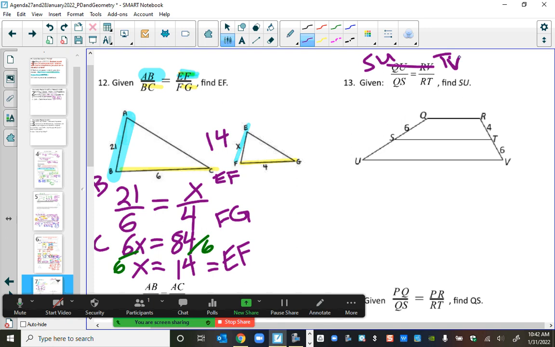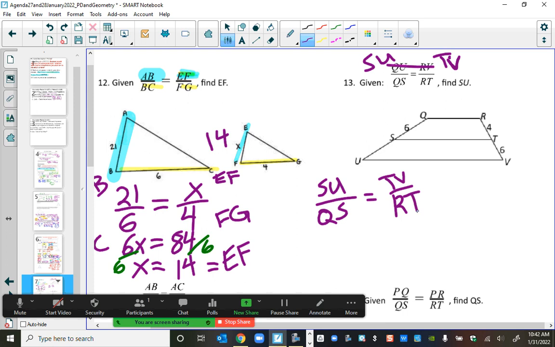Now, there is a way we could have done it with everything that was given to you, because it would have been the entire length. But we'll get to that one in a little bit. So the new proportion is going to be SU over QS, TV over RT.